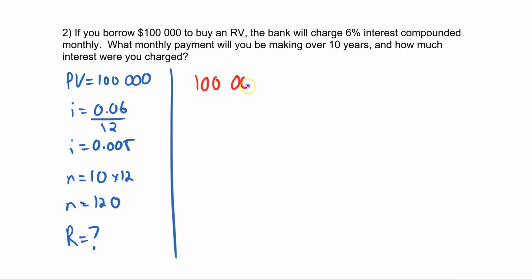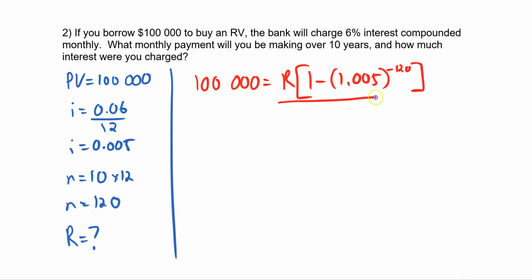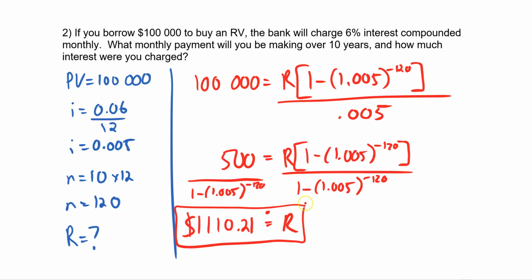Same sort of idea as before. We substitute in whatever we know, so $100,000, and I'm just going to substitute in all the information that I know according to where it goes. And now I just have to solve for R. I've already solved this by pausing the video because the solution is very similar to what we had in the last lesson.